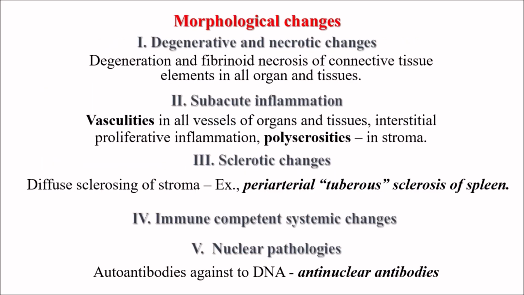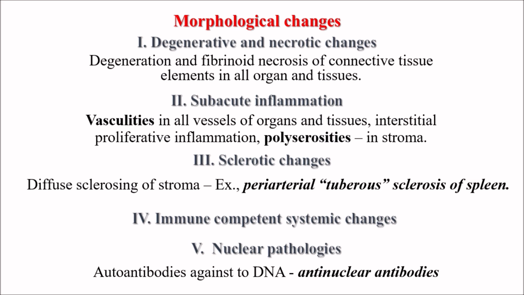The morphological change develops in 5 periods during lupus erythematosus. The first period is degenerative and necrotic change, in which all the organs and tissues, the connective tissue elements, undergo degeneration and fibrinoid necrosis.